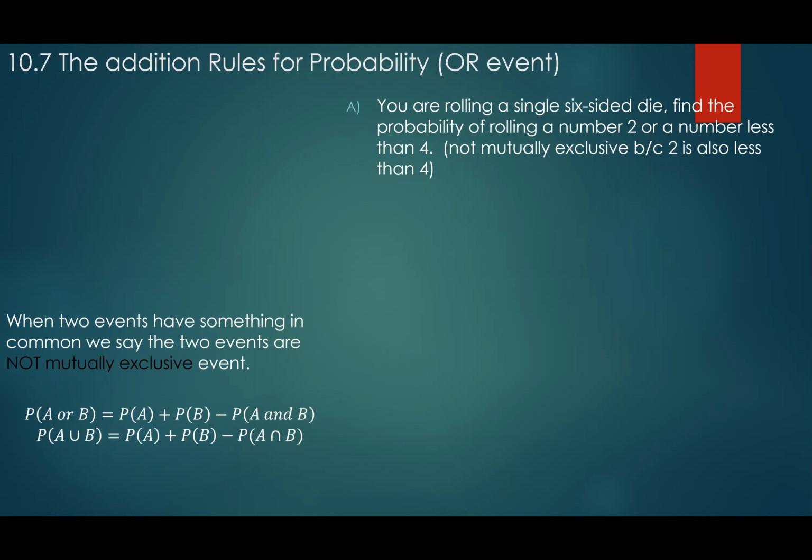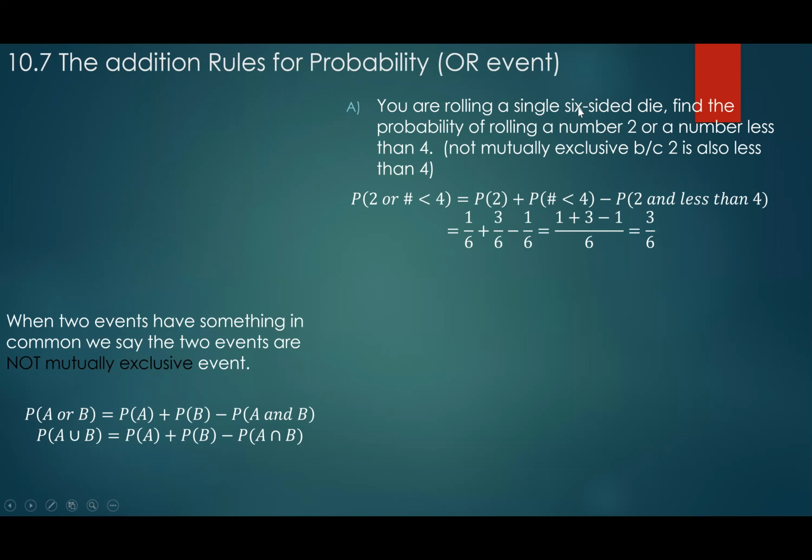And if they are not mutually exclusive events, you need to find the probability of the first one plus the probability of the second one minus what they share. So in this case, we have the probability of number 2 or a number less than 4. Do you agree that the probability of number 2 is we have one number 2 out of the 6 sides of the dice?